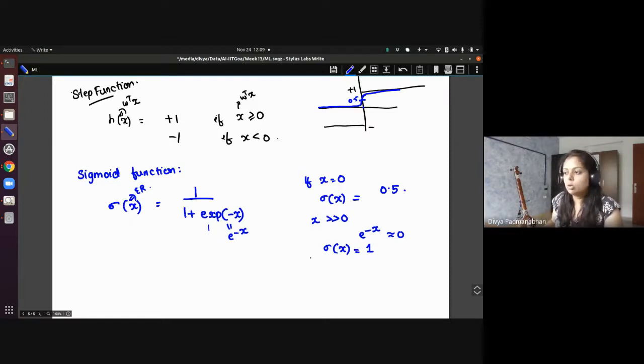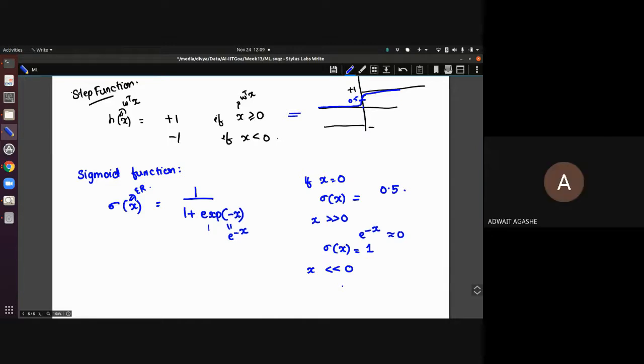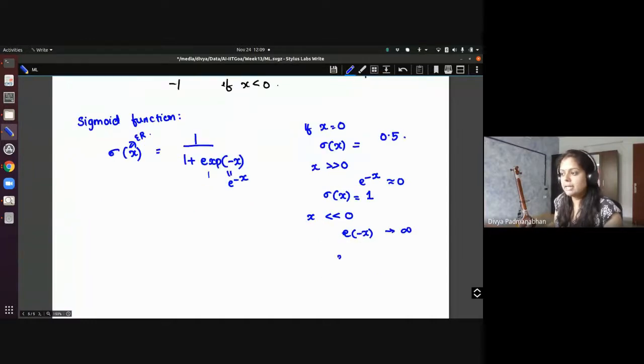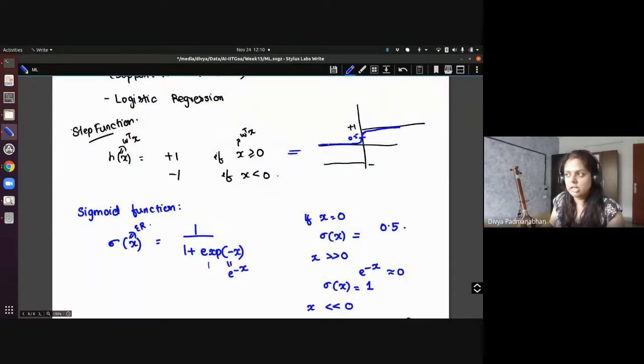And what happens if x is a very large negative quantity, somewhere in the tail end? What happens to e power minus x there? It will tend to infinity. So e power minus x goes towards infinity, and sigma of x goes towards 0. That's where you get this kind of a function.